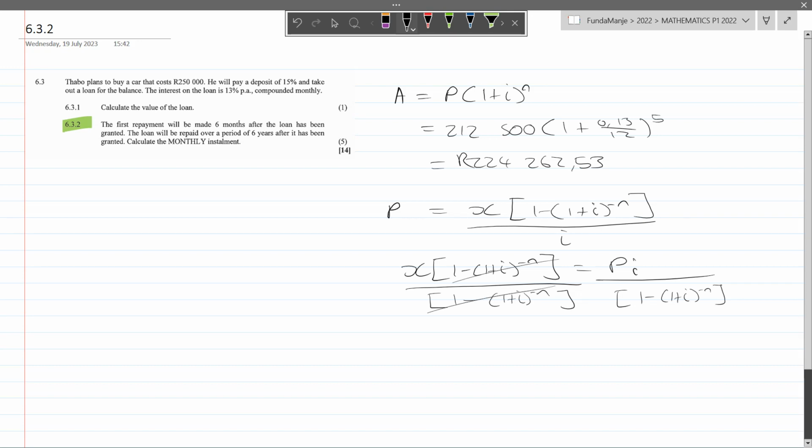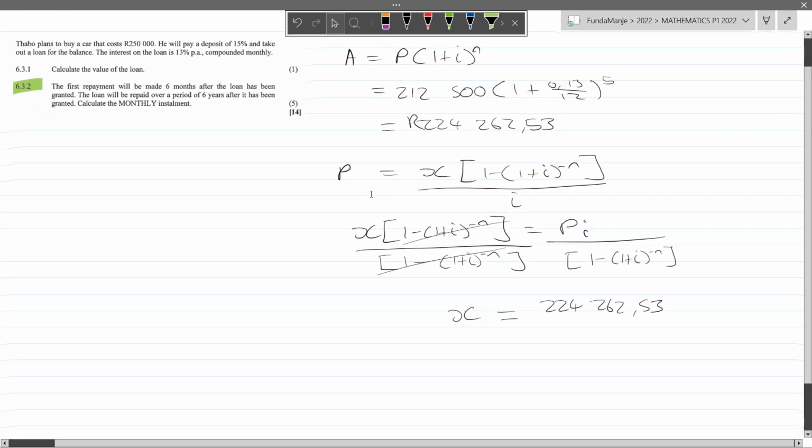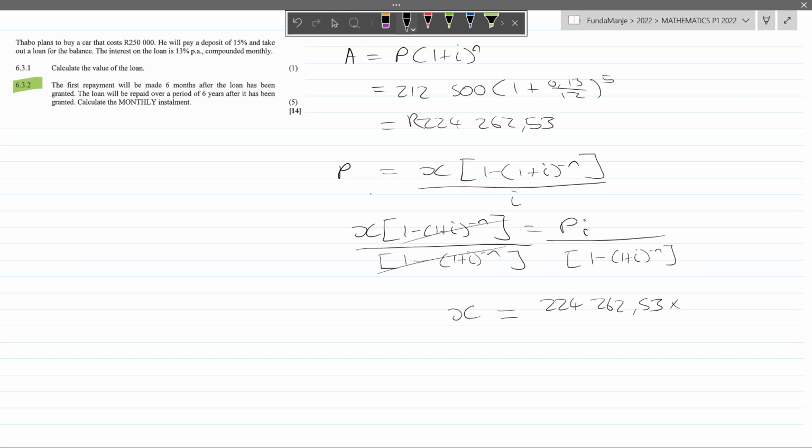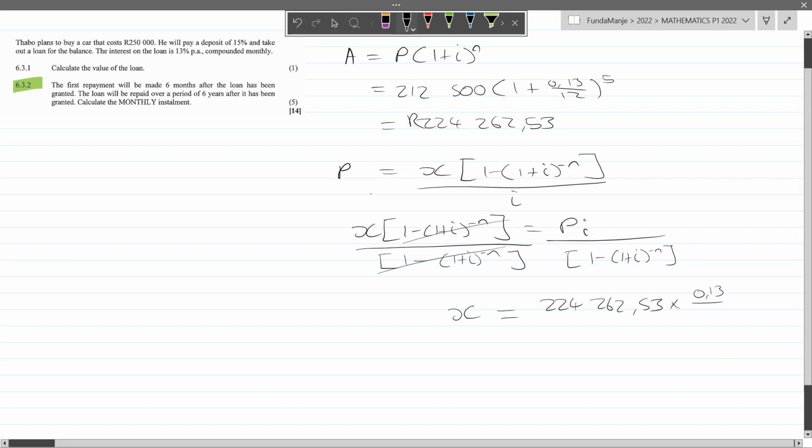This part here cancels, then we can make our substitutions. The present value at the point he starts making the payments is 224,262.53. Then the interest is still the same, 0.13 over 12.